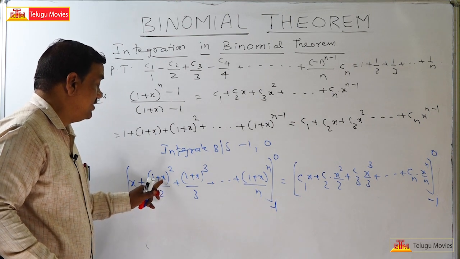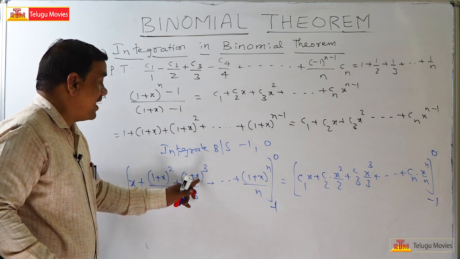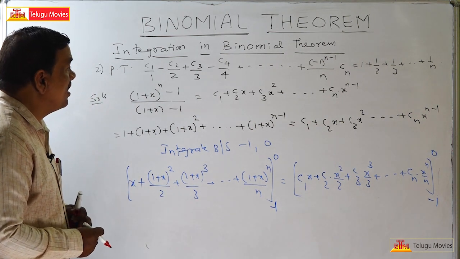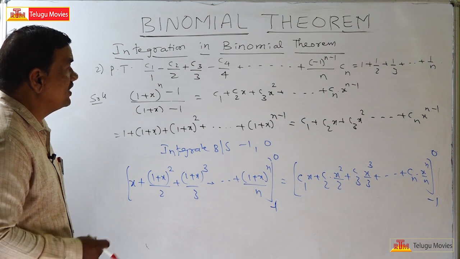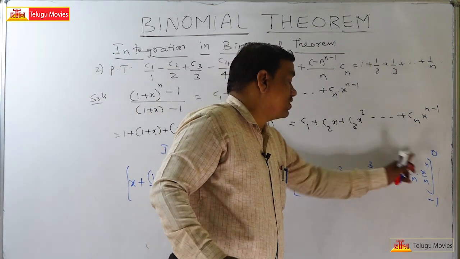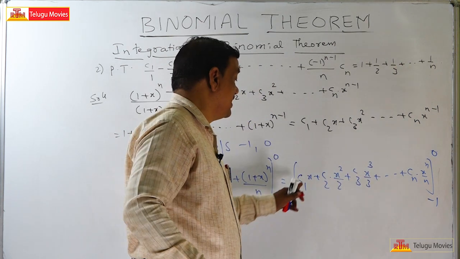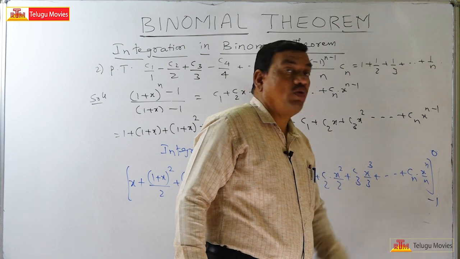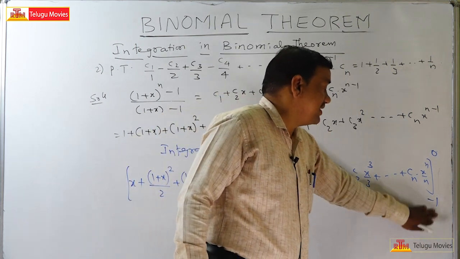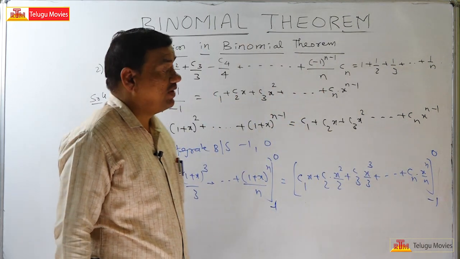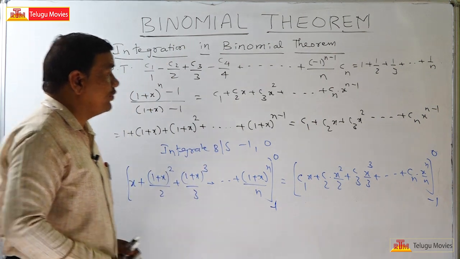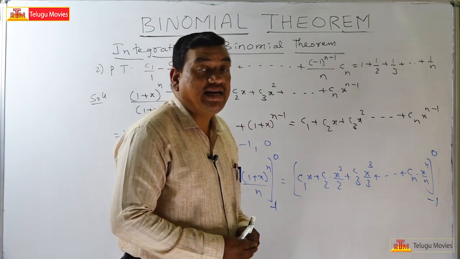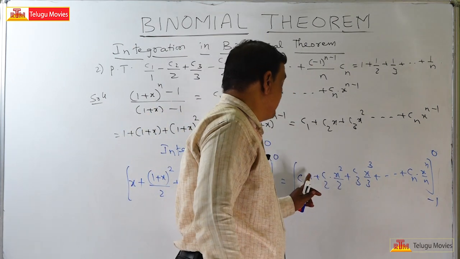Here 0 will come. Here (1 minus 1) plus x whole cube, that also 0 will come. Ultimately, the upper limit is 0 and the lower limit is minus 1. If you substitute upper limit 0, all will get 0, minus of substituting this x value minus 1.